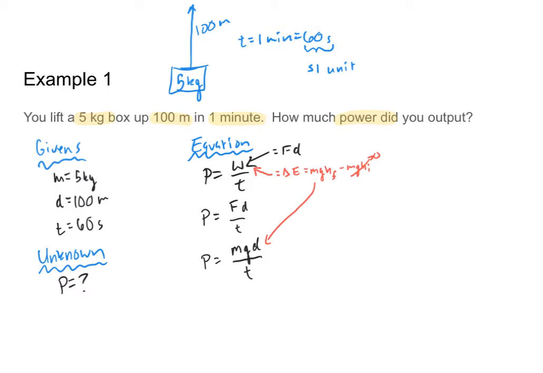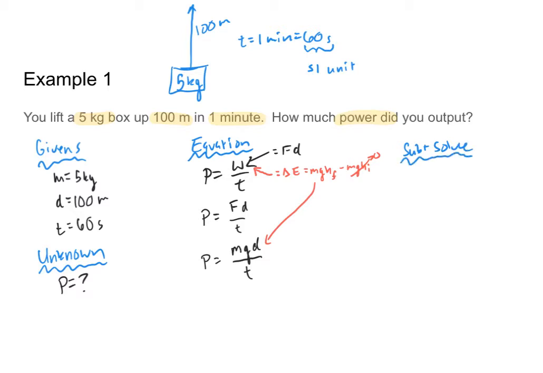So if we have something speeding up, for example, looking at the change in energy is going to be more beneficial than looking at work because it's easier to measure change in energy than it is to measure work in that situation. Anyhow, moving forward, now that I have an equation that only includes my givens and my unknown, I am ready to sub and solve.